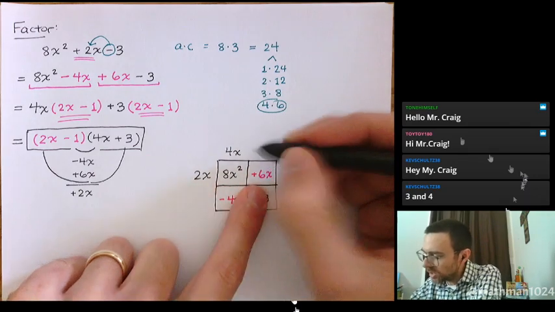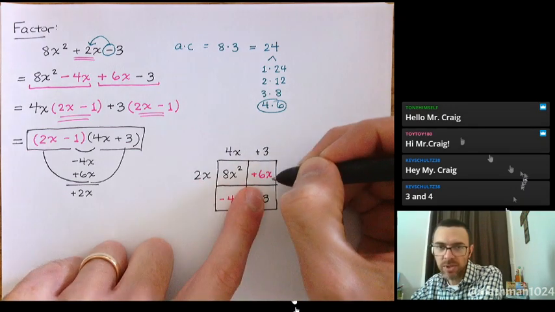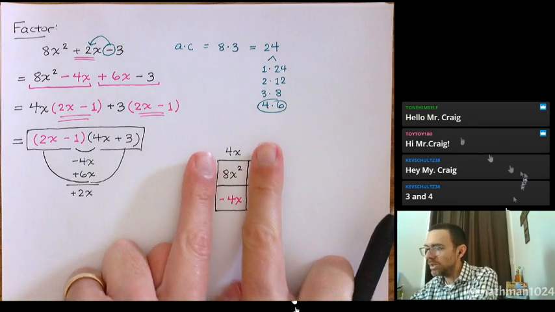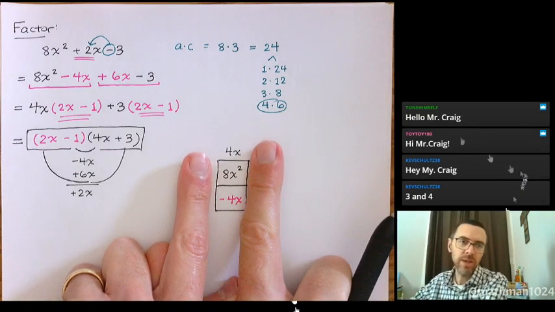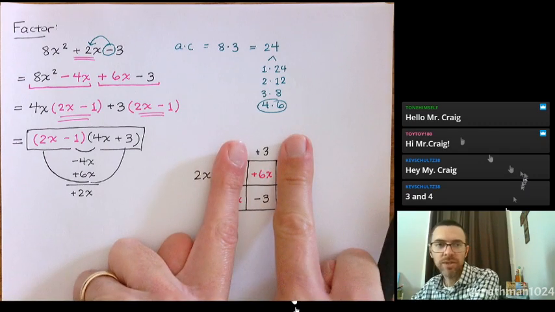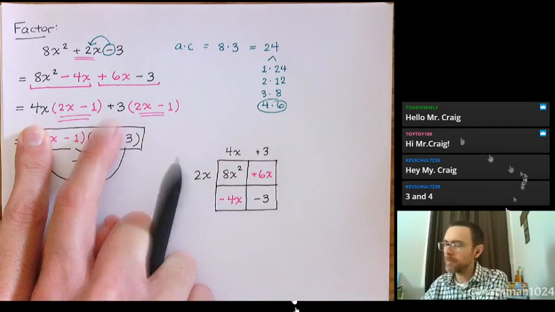And 2 goes into 6 positive 3 times, so that when you multiply these, you get a positive 6x. Not only that, but if you look in this column right here, the common factor for 8x squared and negative 4x is 4x, and the common factor for 6x and minus 3 is a positive 3, which should make sense because that's what they were up here, right?